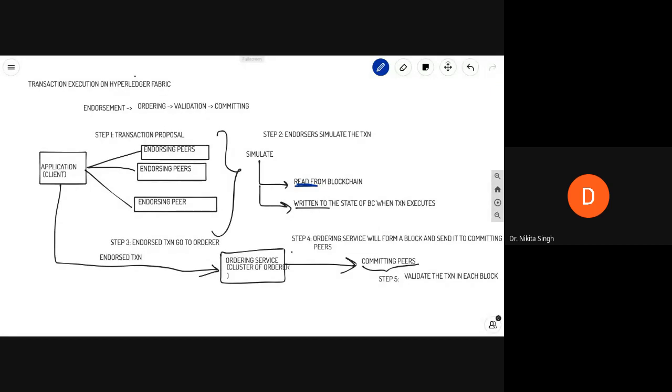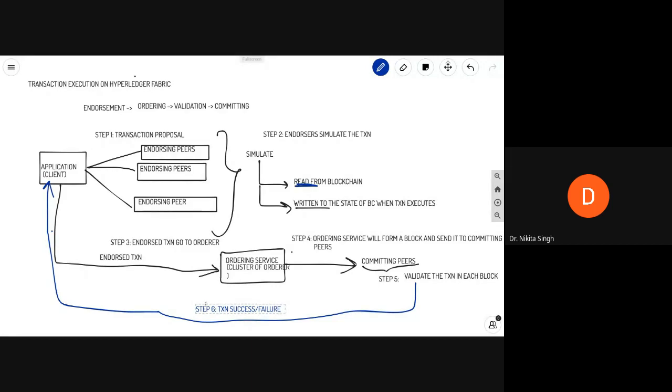So the last step here is that once the transaction is validated, a notification will go to the client to tell whether the transaction was a success or a failure.